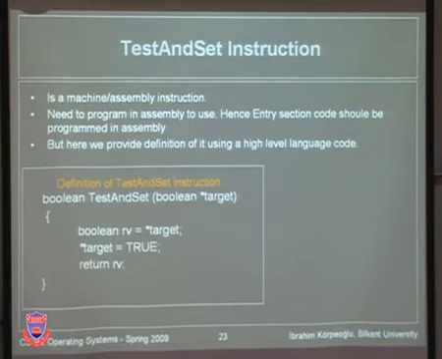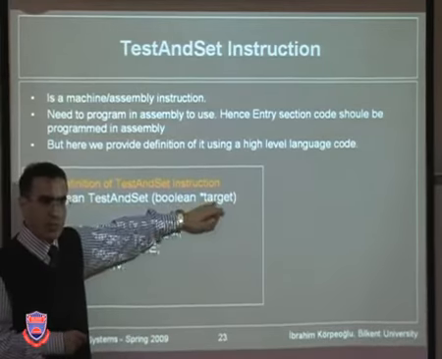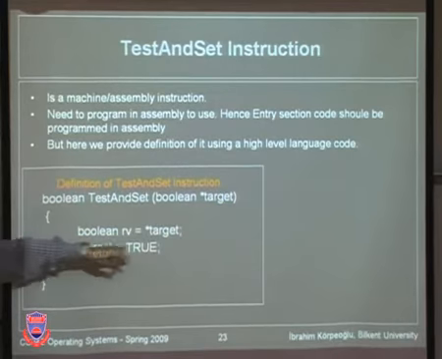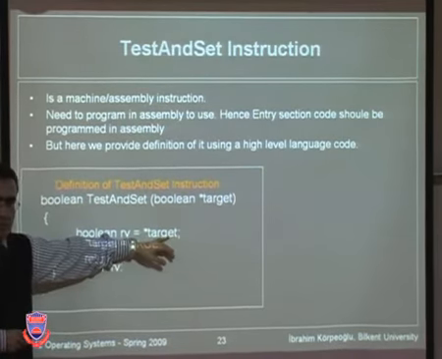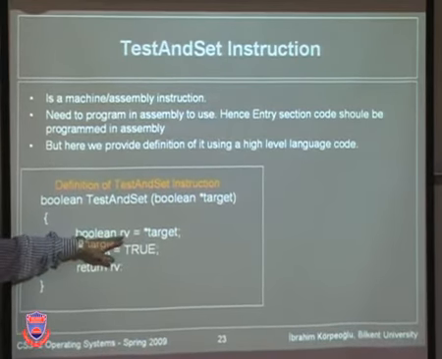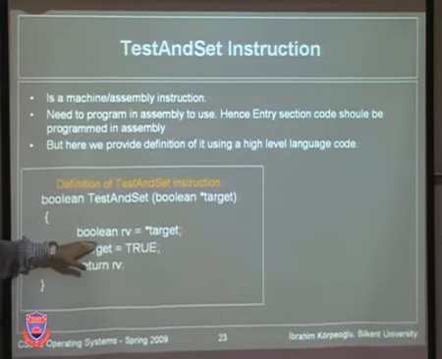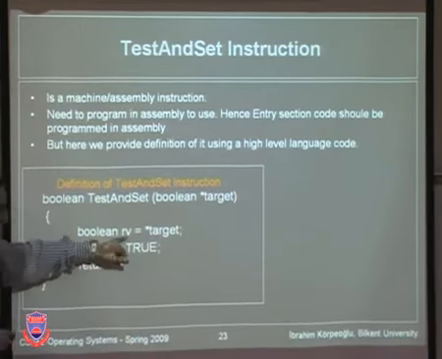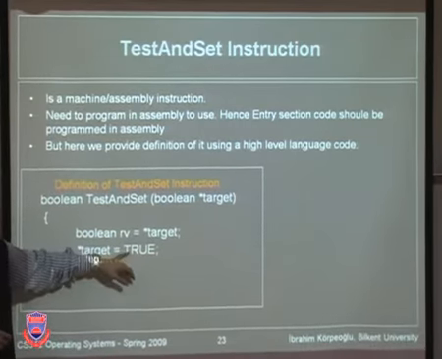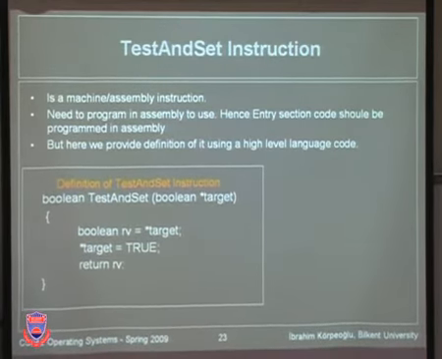So if you execute this instruction on that memory variable, this is what happens in the hardware. It will get the value of that memory variable into a register, for example, or into another variable, rv, let's say, and then it will set the value. So assume we have a variable in memory.